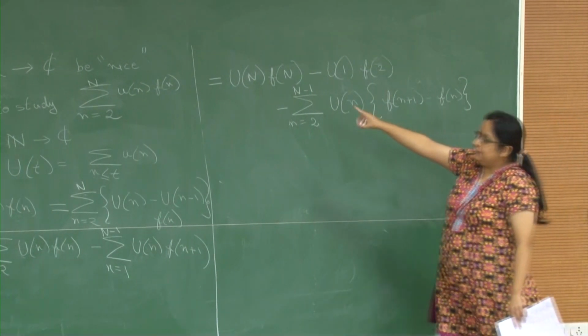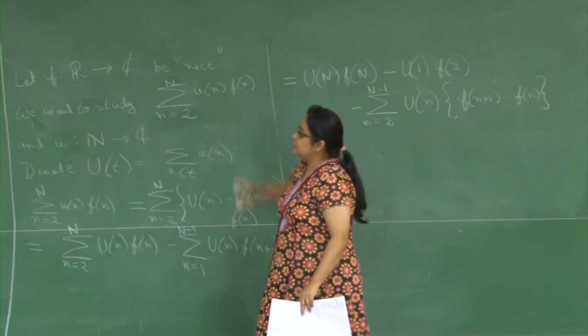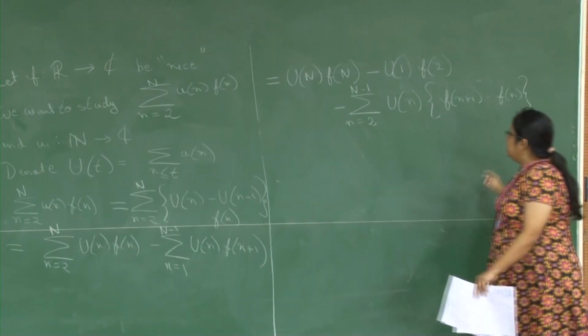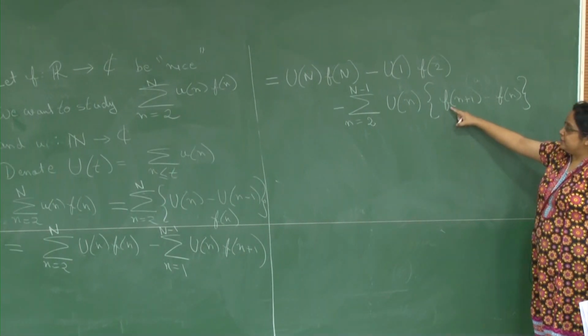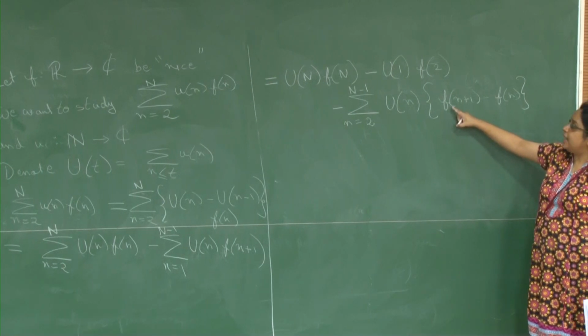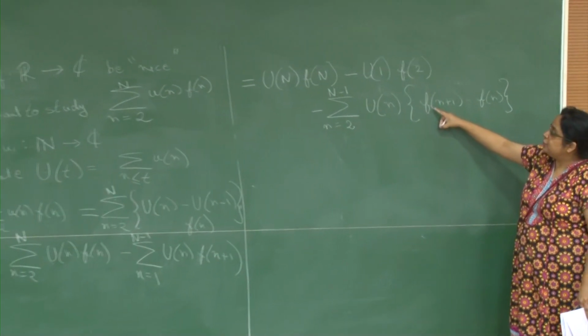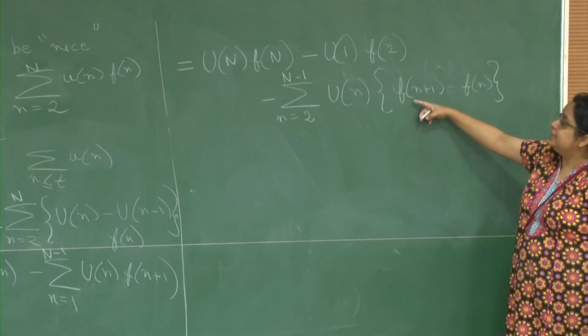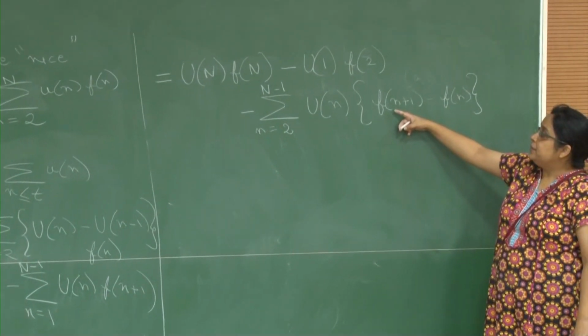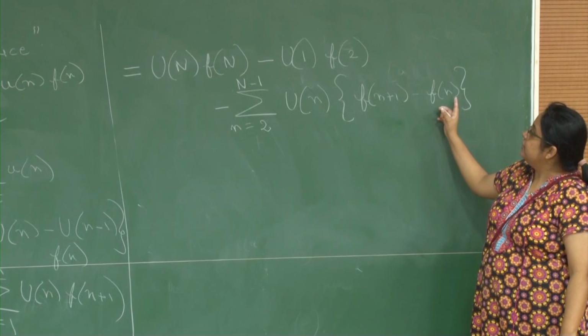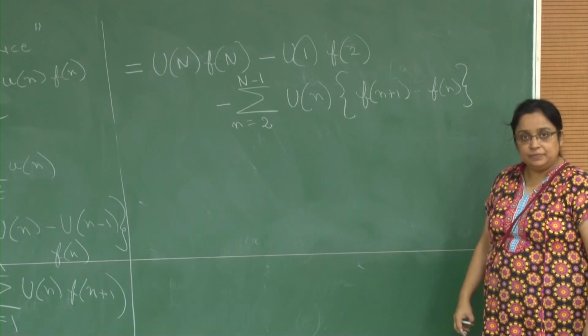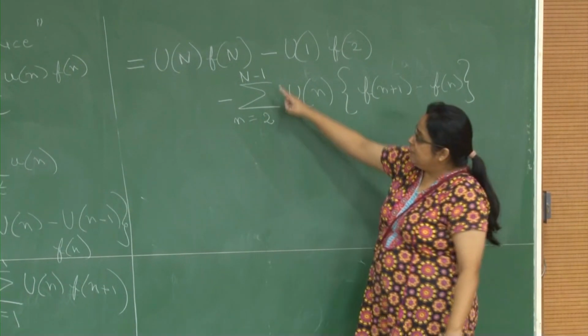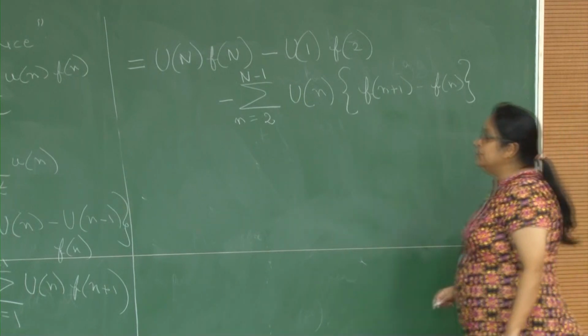And now we start specifying what the niceness means. Suppose you knew that the function f is differentiable. Not only that, suppose you knew that the derivative of the function is continuous in the interval little n to n plus 1, for every n lying between 2 to capital N minus 1.